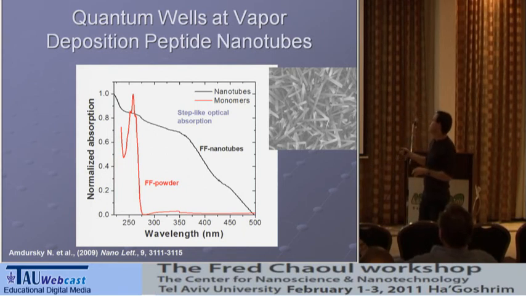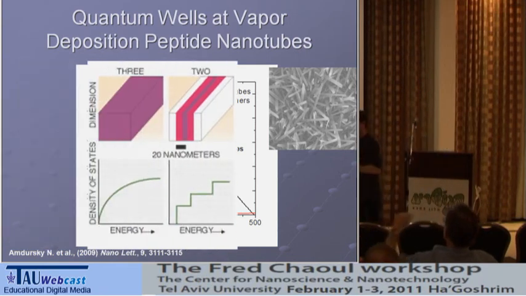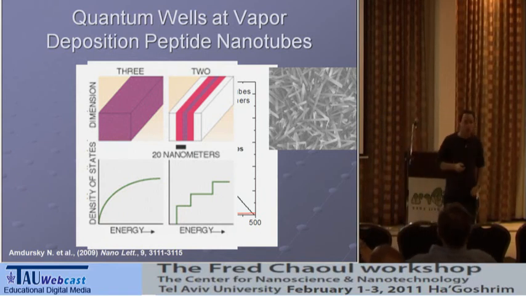So this is the powder, and suddenly we receive a step-like optical absorption, extending up to 500 nanometers. And it made us think, what is this step-like optical absorption? This is a slide from a solid-state course, and we went again to quantum confinement.